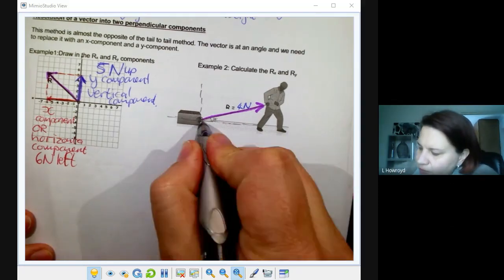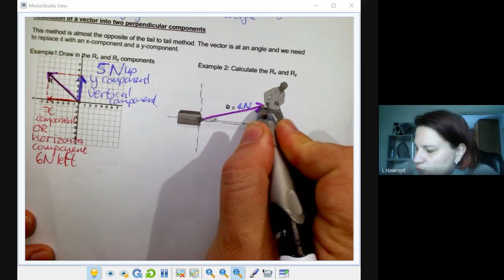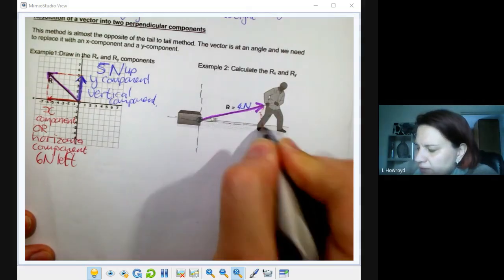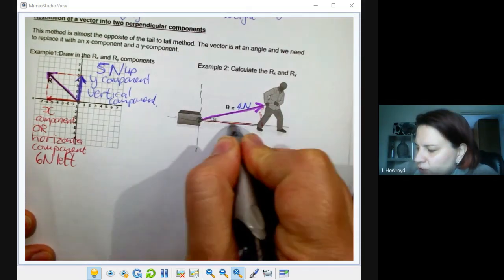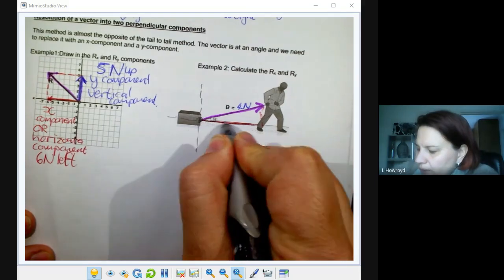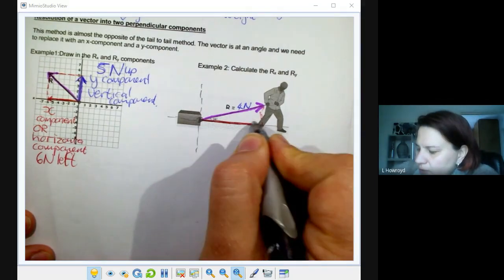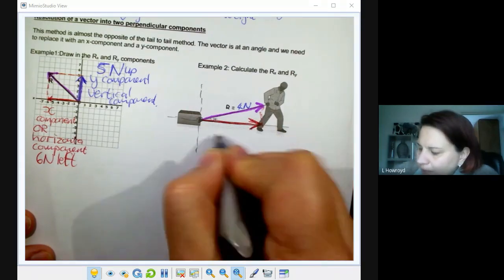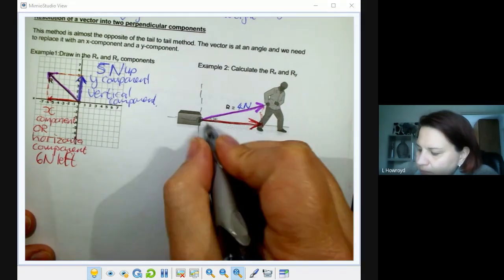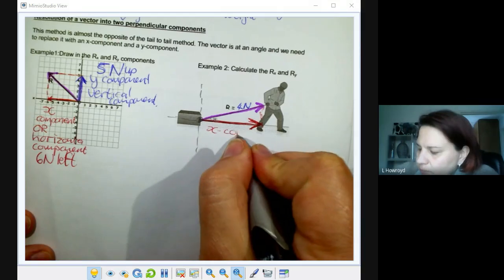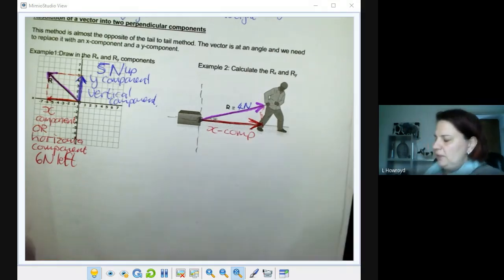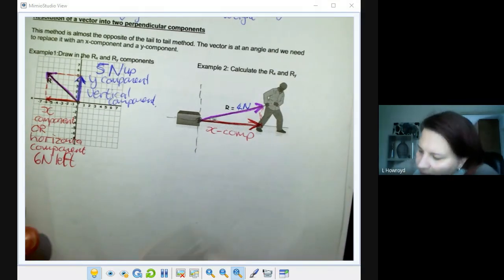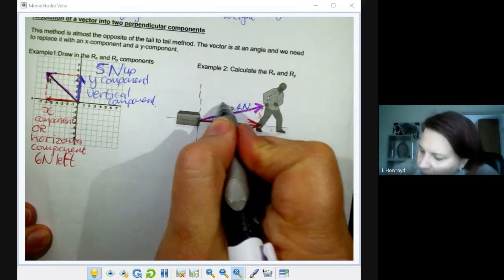So if I was to do that, you can see I've just drawn that over there. It really doesn't matter how long you draw that arrow, because we've got the value on it. So there is my red component, my x component. Okay, and then if I was to do that, I can pull that back.